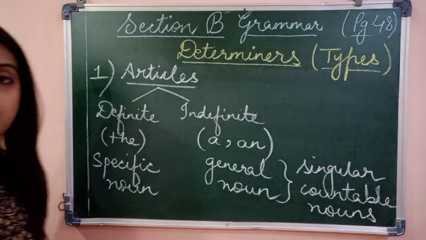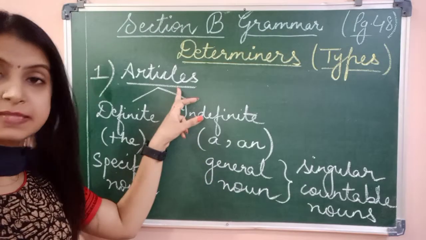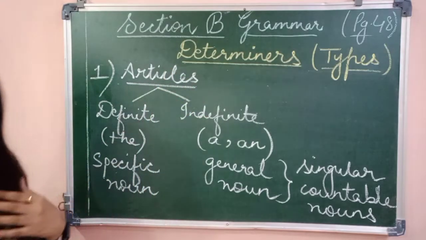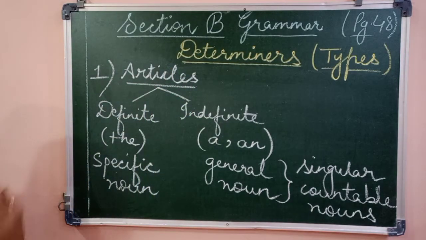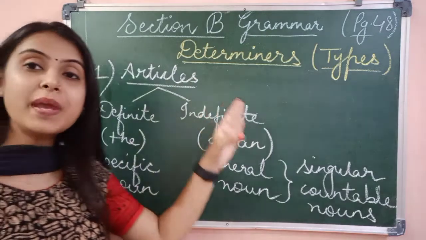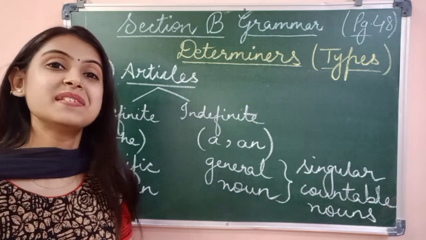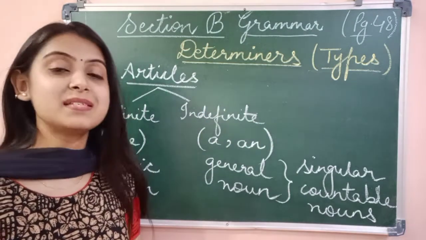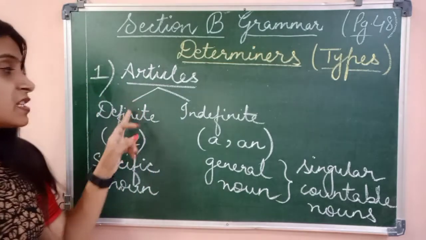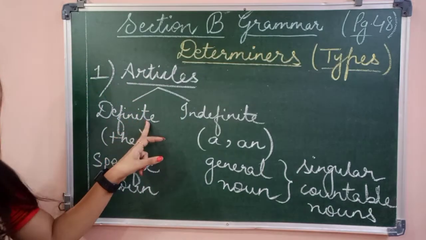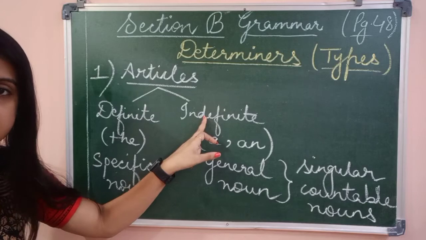The first determiner that we are going to study is article. Articles are the determiners that are used to indicate whether a noun is a specific noun or it is a general noun. There are 2 types of articles, definite article and indefinite article.